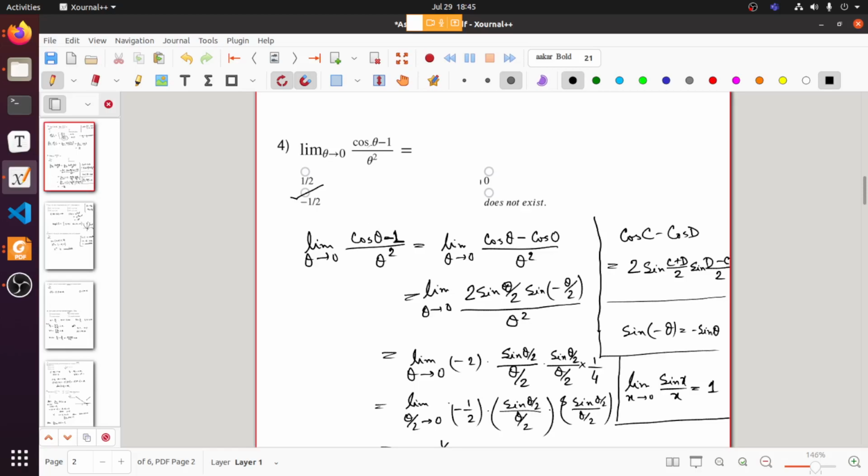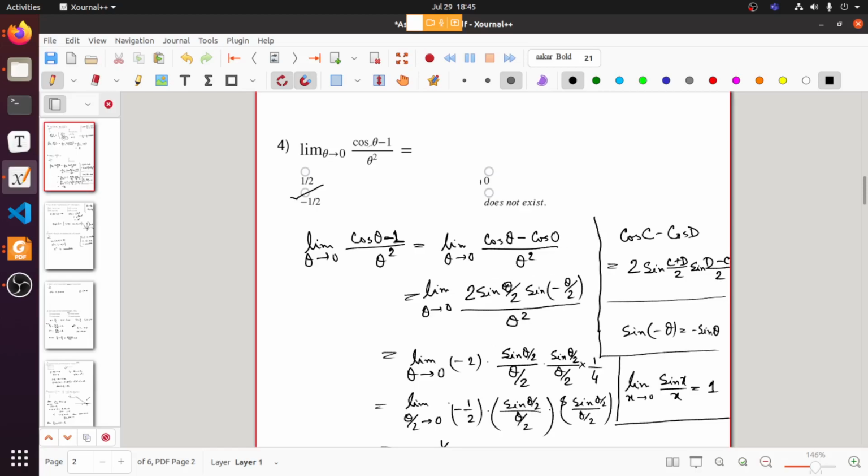So you have to simplify it. In the numerator you can write 1 as cos 0. So this will be cos theta minus cos 0. Now you know the formula for cos C minus cos D: 2 sin((C+D)/2) sin((D-C)/2). Use this here, C is theta, D is 0.